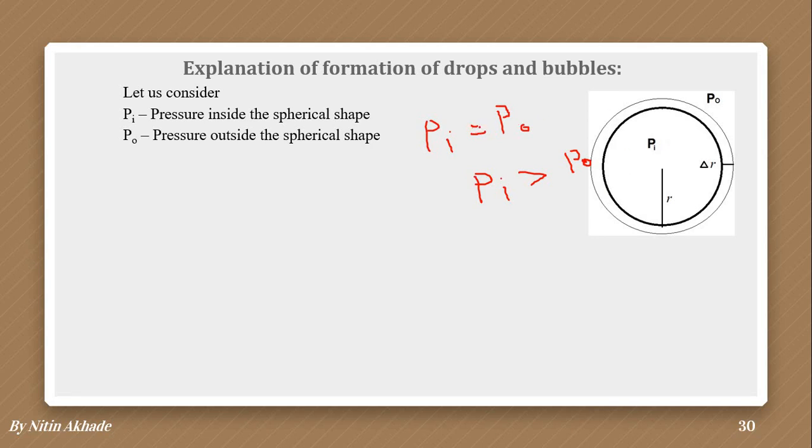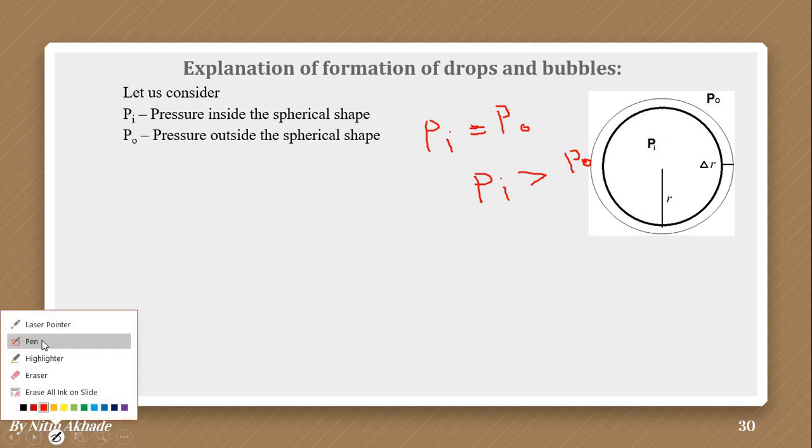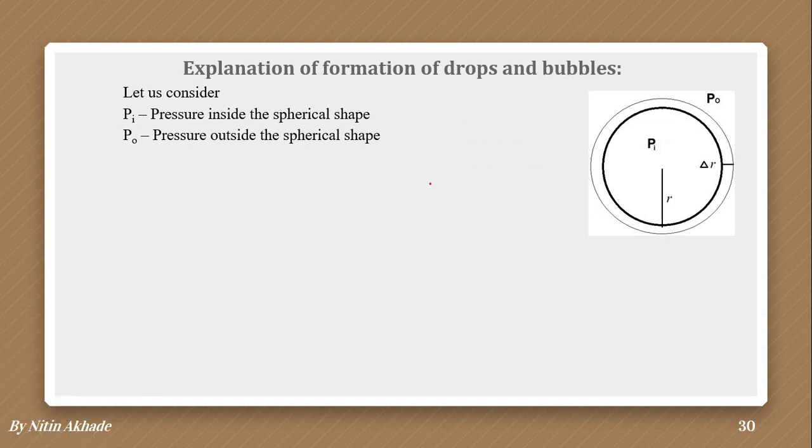When Pi is equal to Po, they lose the spherical shape. So keep in mind that Pi should not be equal to Po. Let us continue with our topic.